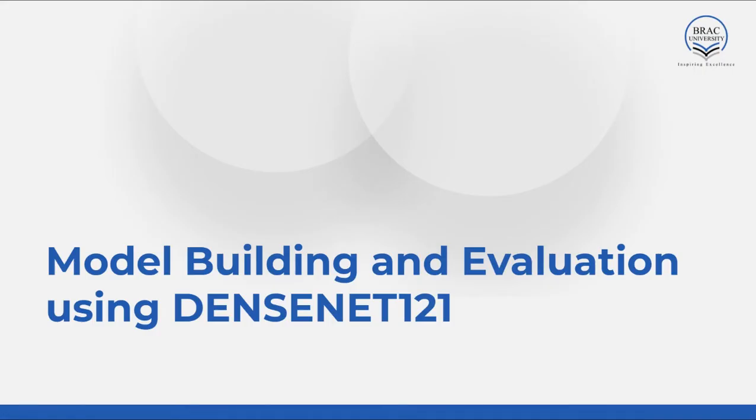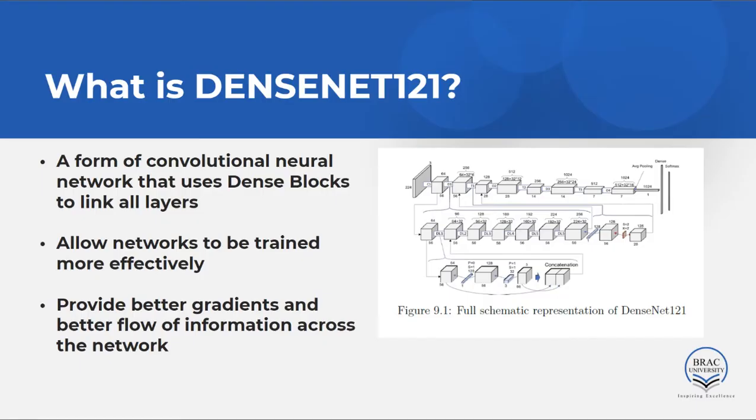Model building and evaluation using DenseNet 121. What is DenseNet? Dense convolutional network, also known as DenseNet, is a convolutional neural network in which each layer is linked to all of the levels below it. This CNN uses dense blocks to link all layers directly to each other, resulting in dense connections between layers.